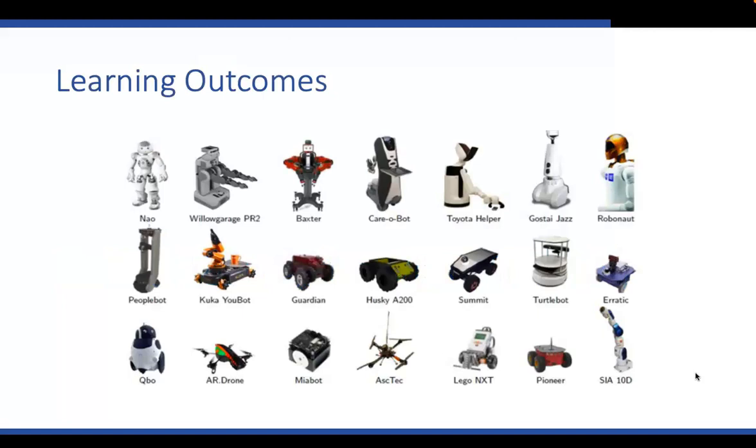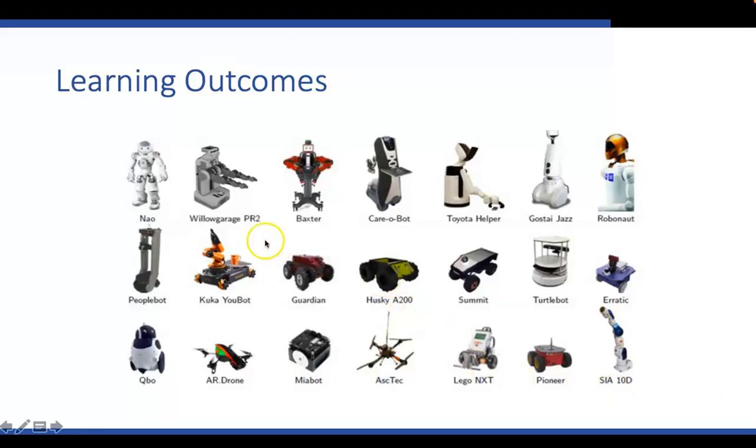Okay. So these are some of the robots that are being used with ROS. ROS has very wide support, a huge community, and every year there is a conference held just for ROS people.